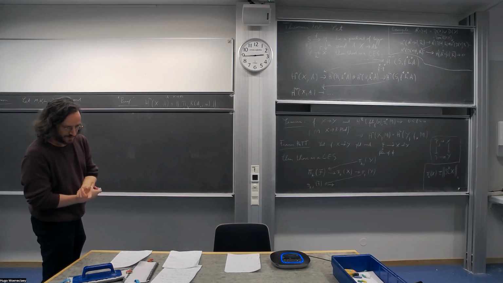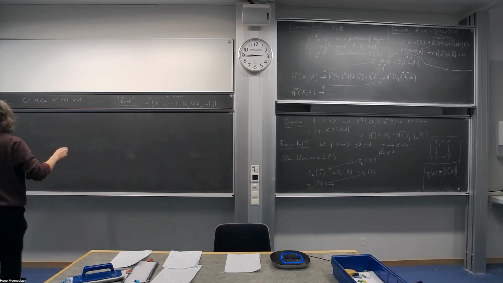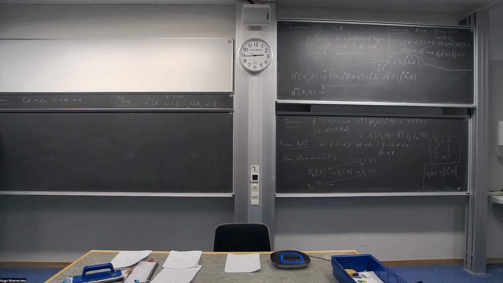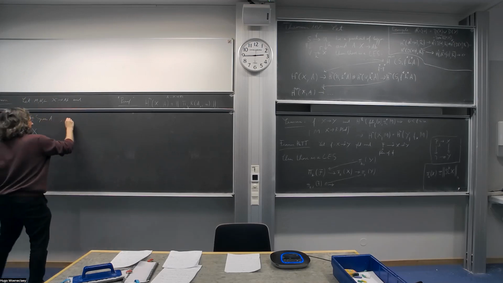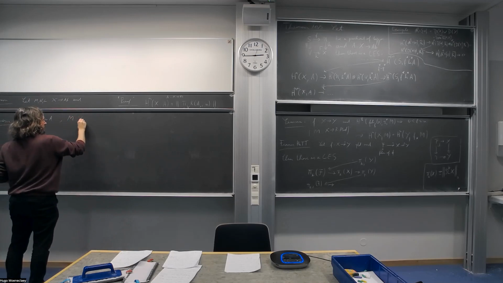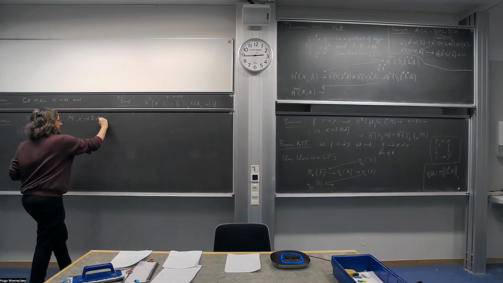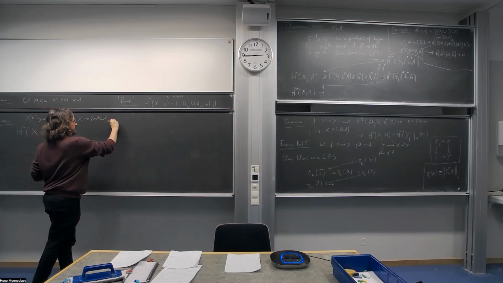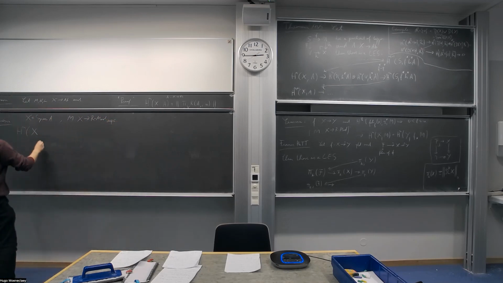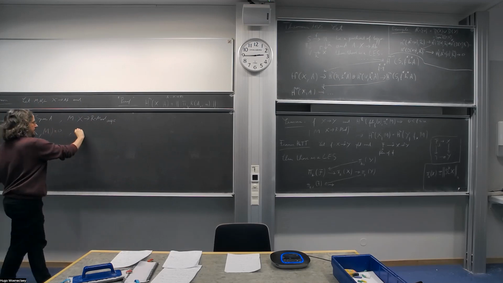And yeah, okay, now I want to get back to this theory, which tells us that the higher cohomology of an affine scheme vanishes, if you have a coefficient which is a quasi-coherent module.